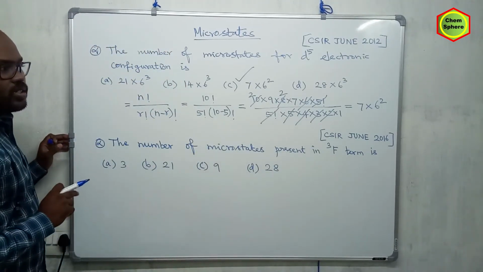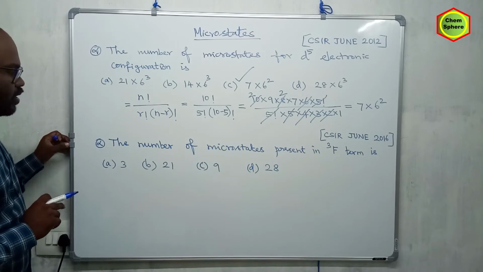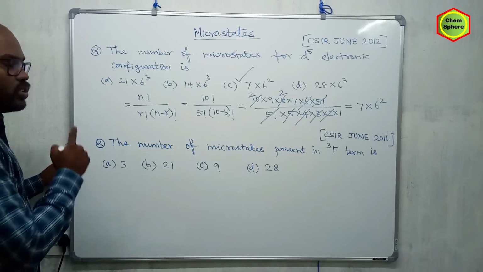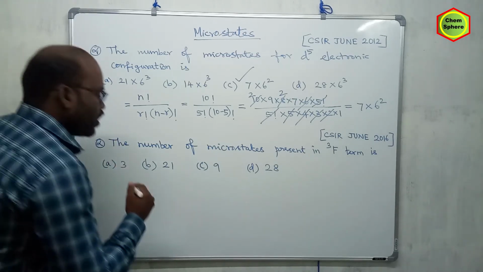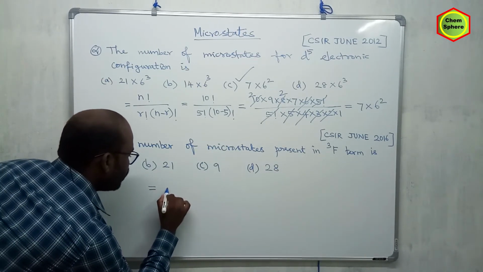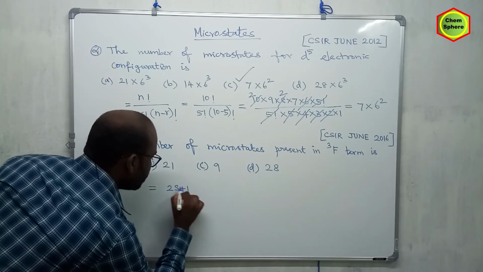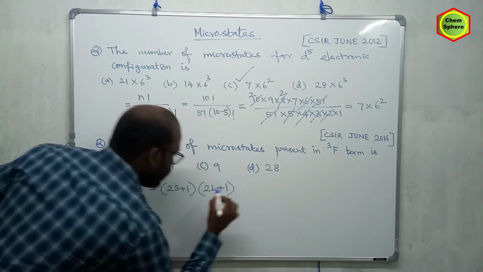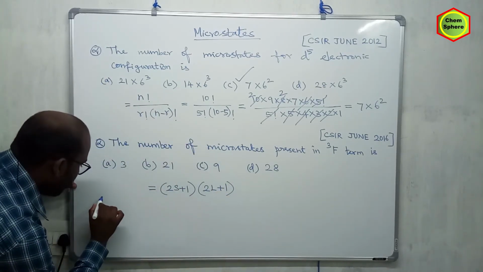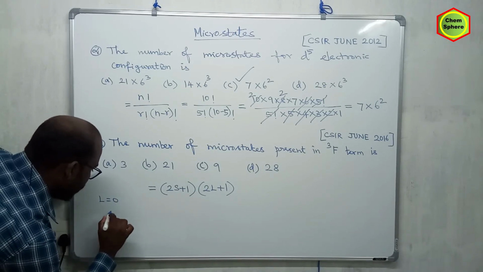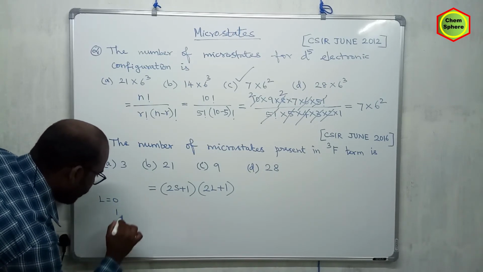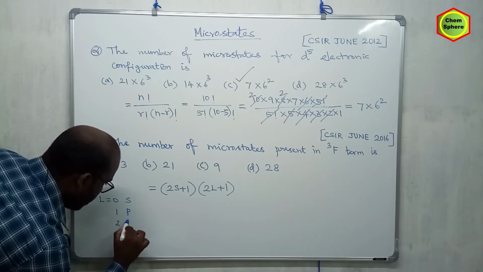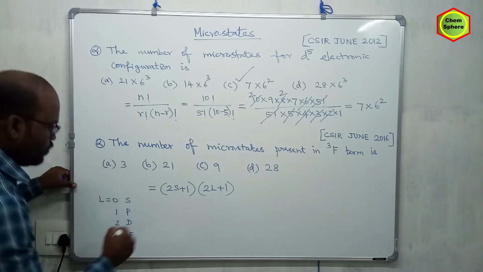And this question was asked in CSIR June 2016: the number of microstates present in the triplet F term is. So when the term is given, what is the formula? The formula will be 2S plus 1, spin multiplicity, into 2L plus 1. Now here for the L value, when it is 0, 1, 2, 3, it is S, P, D, F, it keeps on going.